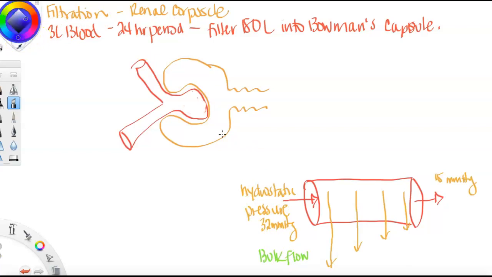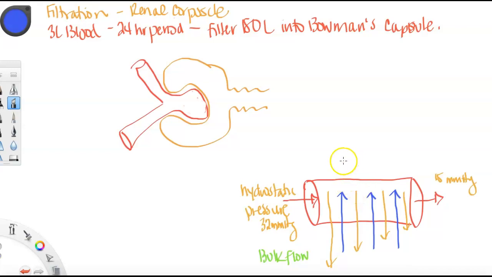And then we talked about a pressure that went against that in the opposite direction. This was due to the plasma proteins, which created an osmotic pressure called colloid osmotic pressure, about 30.